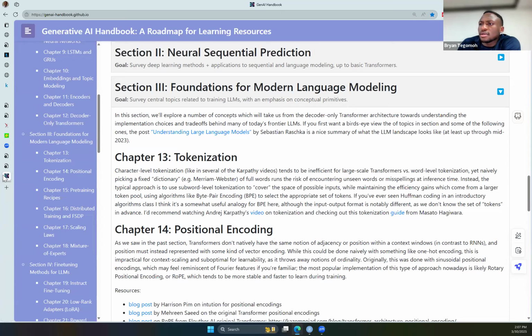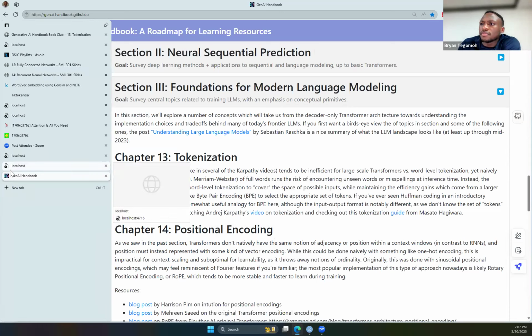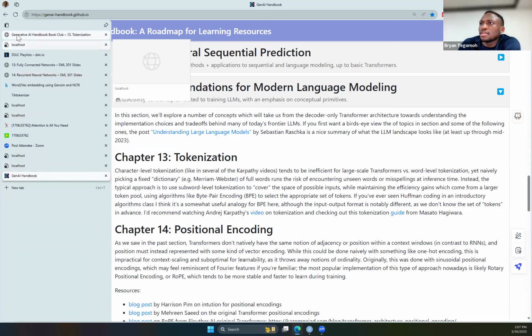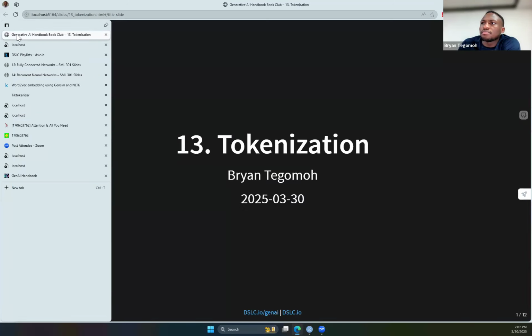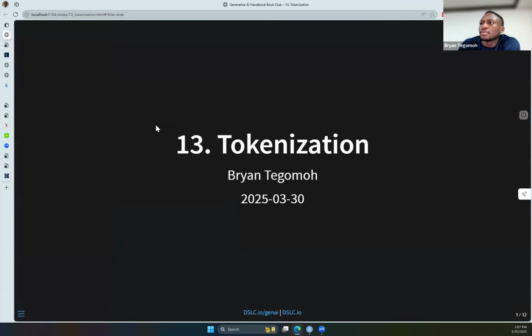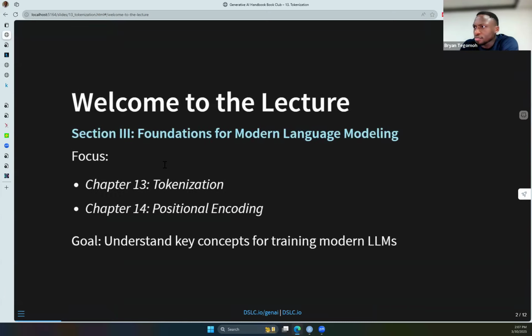These concepts build on some of the key themes that were initially shared in prior chapters, some of the foundational and preliminary content that was shared by Derek and Dan and David earlier on. So I'm going to cover mostly tokenization and then positional encoding as we go through the material.